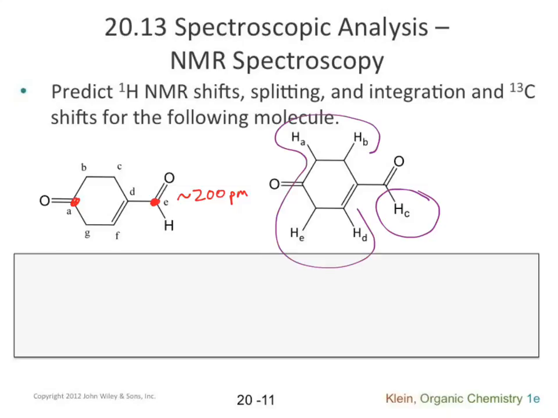Because we talked about these in the EAS chapter. Was that chapter 18 or 19? Okay. So if you want help figuring those out, go back to chapter 18 or 19 or talk to me after class. HC is the only one that's going to stand out as slightly different, and that one we would expect to show up about 10 ppm.